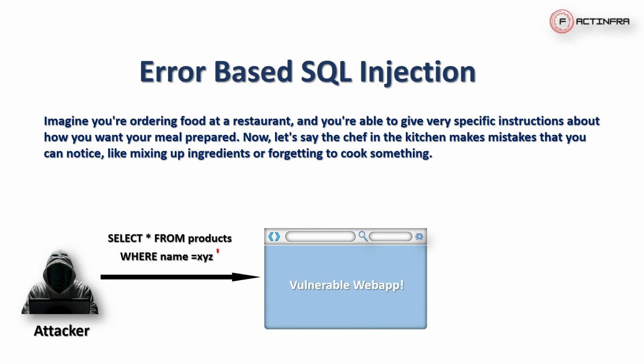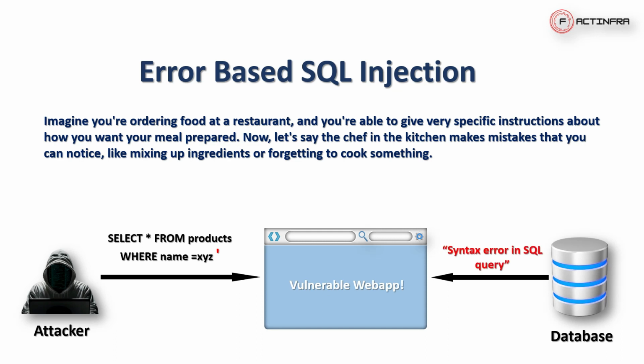This is the irrelevant thing the attacker injects. Now the vulnerable web application interacts with the database, and the database gives an error, meaning there is no value with name equal to xyz and a single quote in the database, and the database says syntax error. So we can assume that after this syntax error, or this error message, there is a possibility of SQL injection. So this is error-based SQL injection.